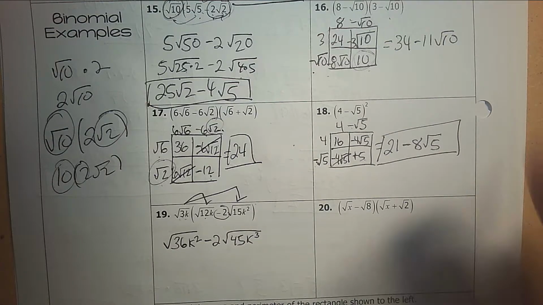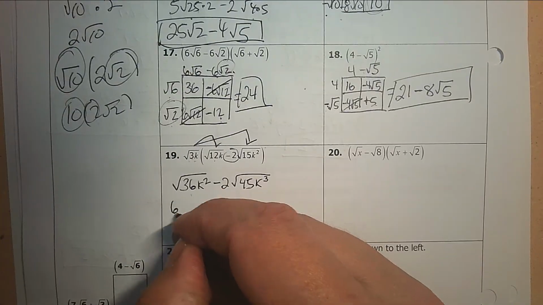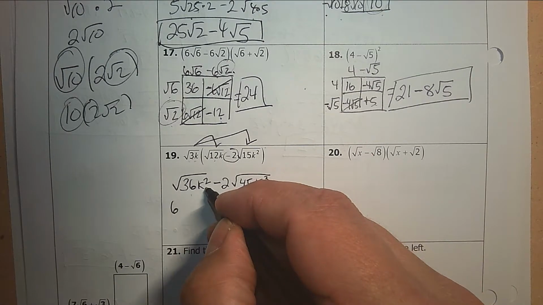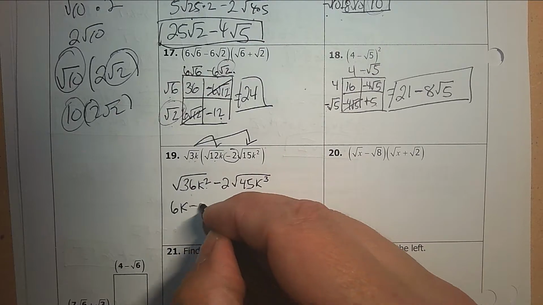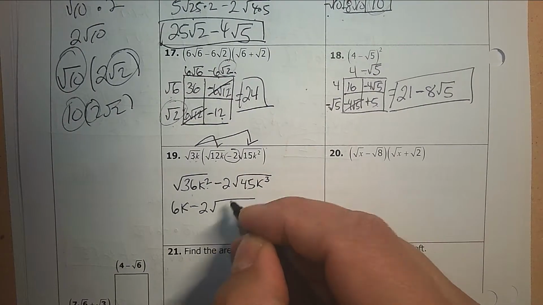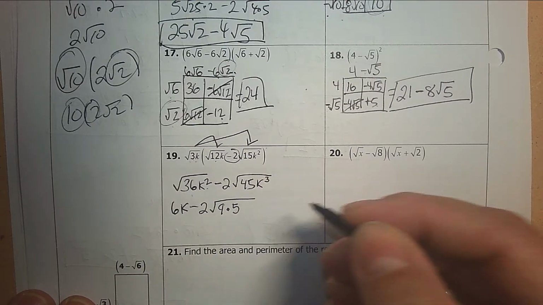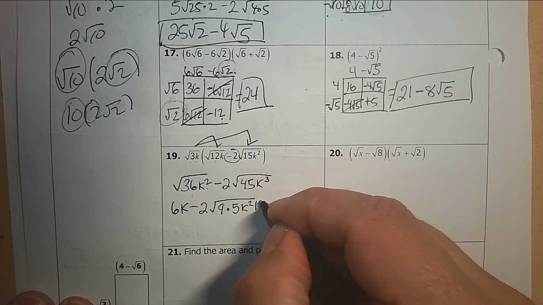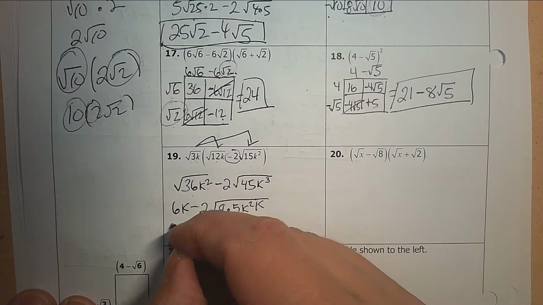Can I simplify this? Well, the square root of 36 is 6, and the square root of k squared is k. Here, 45 can be written as 9 times 5, and k cubed can be written as k squared times k. So I have 6k.